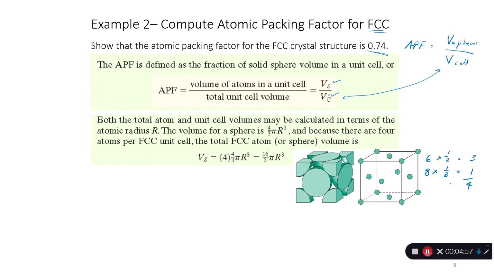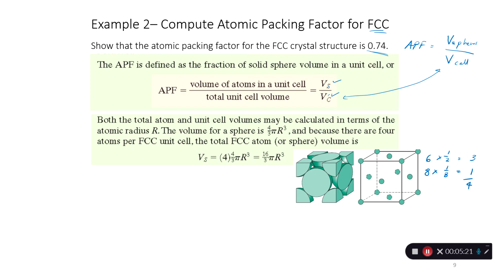So we need to calculate the volume of all these 4 atoms. For one sphere, of course, the formula is 4 over 3 pi r cubed. This is well known, I hope all of you know this. So that's for one atom. Times 4, we get the volume of all the atoms in this FCC.